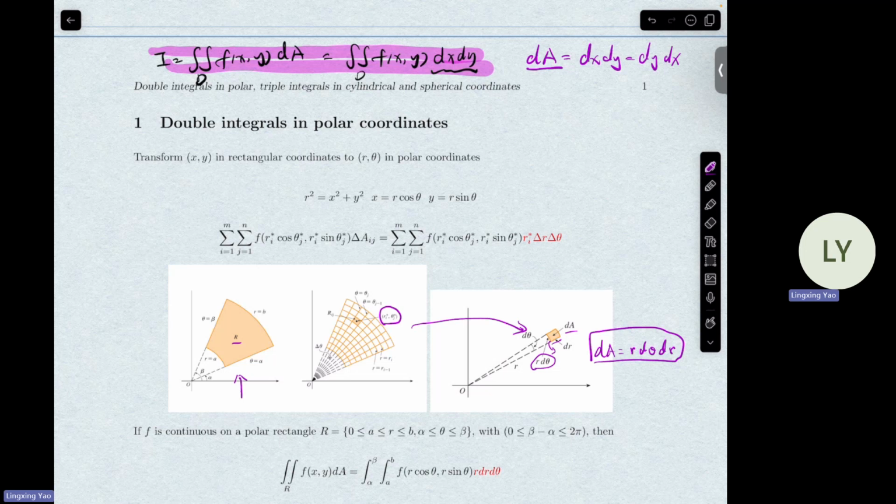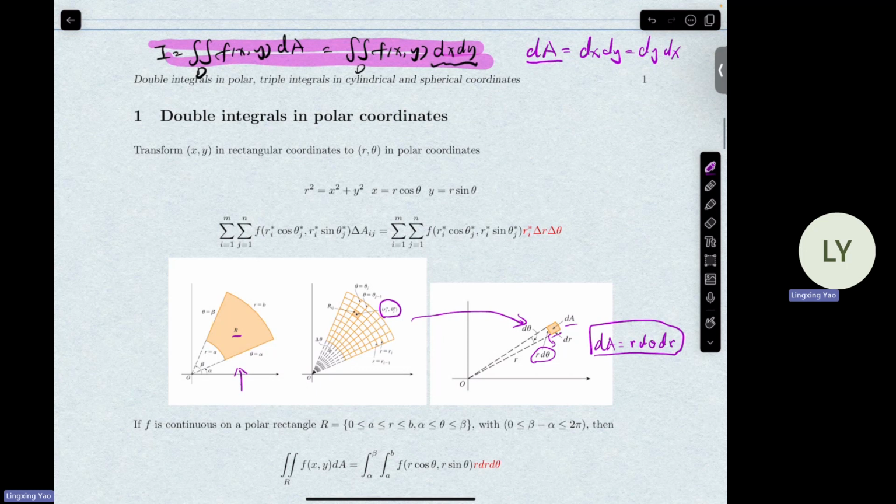Okay, so now we can set it up. The important setup is done for the so-called polar rectangle. So we restrict r between two constants a and b, and we restrict the polar angle theta to be between two constants alpha and beta.